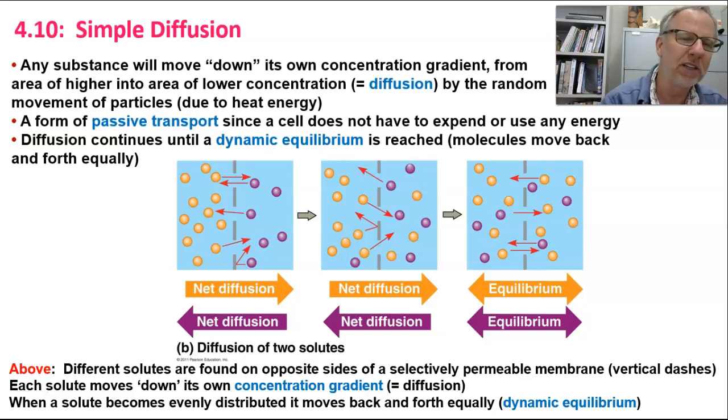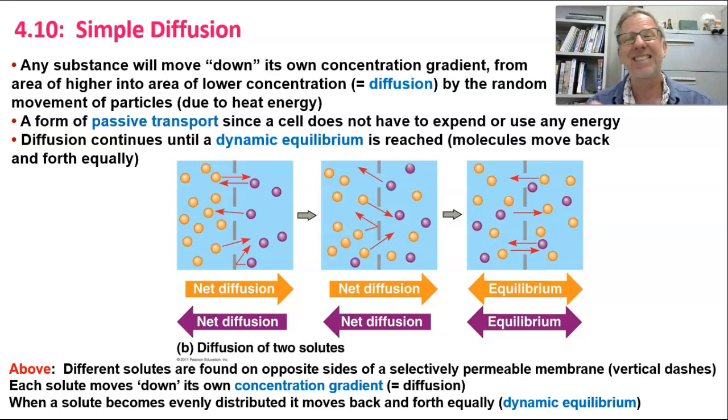Now, diffusion is a form of passive transport. And all that means is that a cell doesn't have to expend or use any energy to make it happen. It's just the energy from the molecules already vibrating from heat. That's it. That's passive. So here's another example of passive transport. Get on a bicycle on the top of a hill.